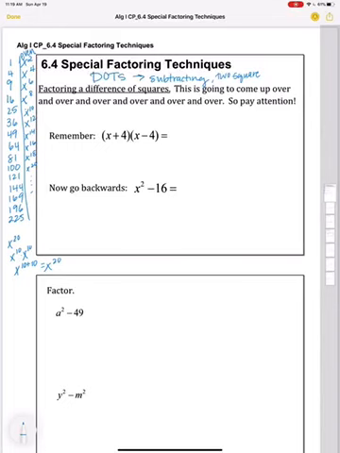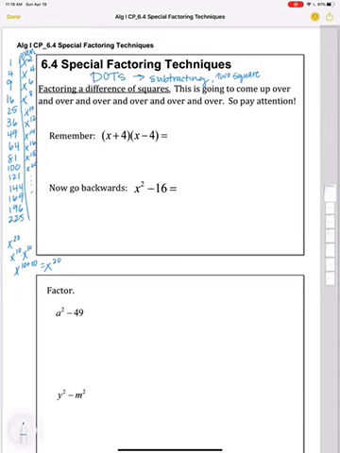So keep in mind that with exponents, any even exponent is a perfect square. So what that means is that we're just subtracting one of these things in the left-hand column and one of these things in the right-hand column of all these things I've listed. All right, let's get into it.